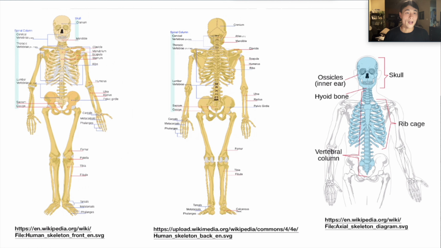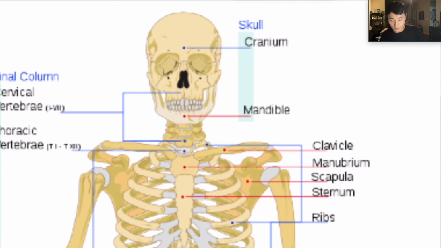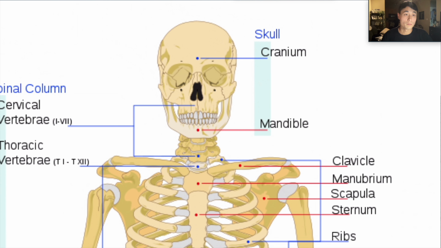Let's take a look at the anterior view first. So we're going to look at the most top bone in our body, which is the skull. And it's broken down into cranium and mandible. And there are multiple bones in the skull, and the way you can tell is by looking at these lines here, here, here, here.